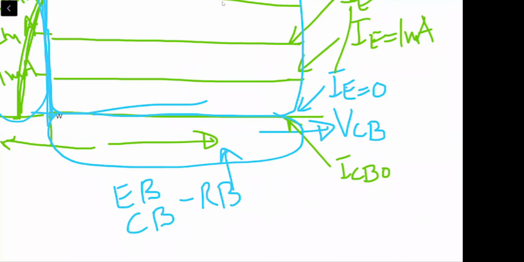And this region is called the cutoff region. Once both the junctions are reverse biased, this is called the cutoff region.